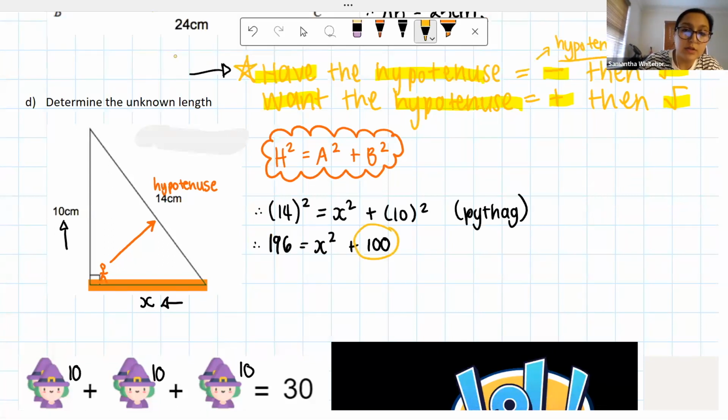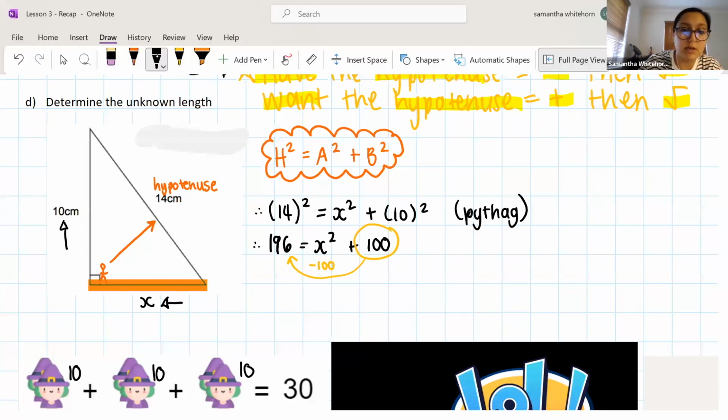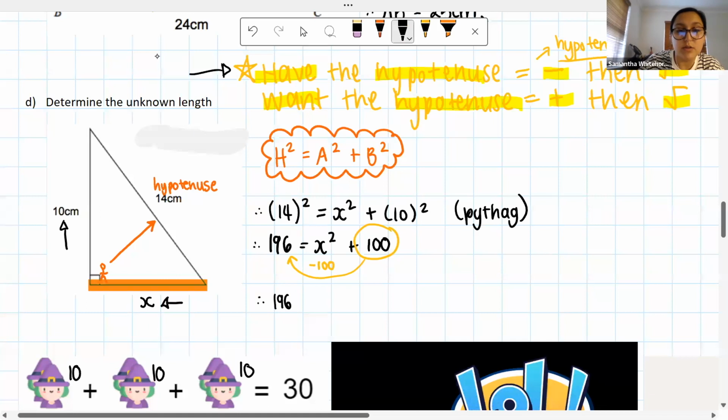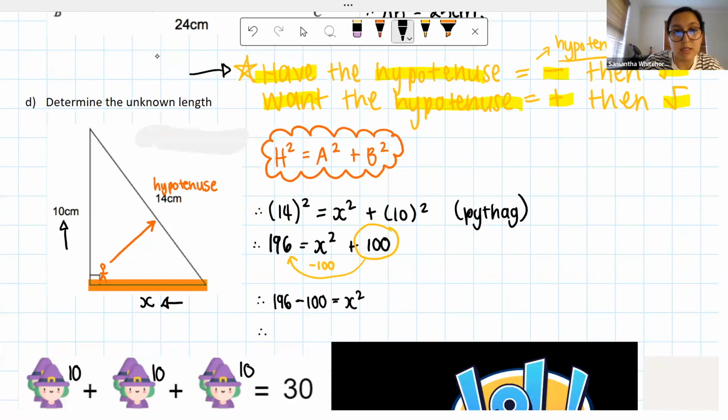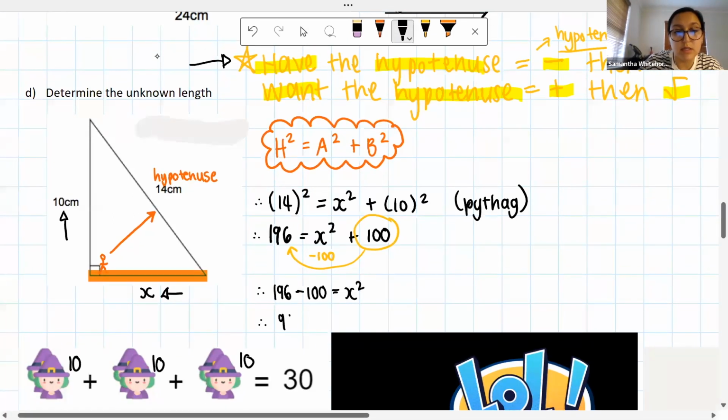We take the 100 and we're going to use inverse operations, subtract 100 on both sides. That's where the subtraction comes in. And so we have 196 minus 100 is equal to x squared. 196 minus 100 is then nice and easy. 96 is equal to x squared.